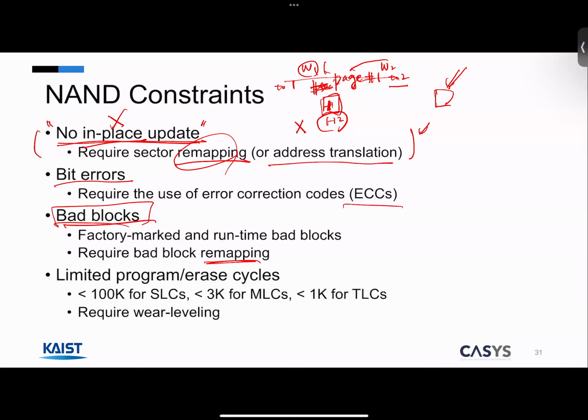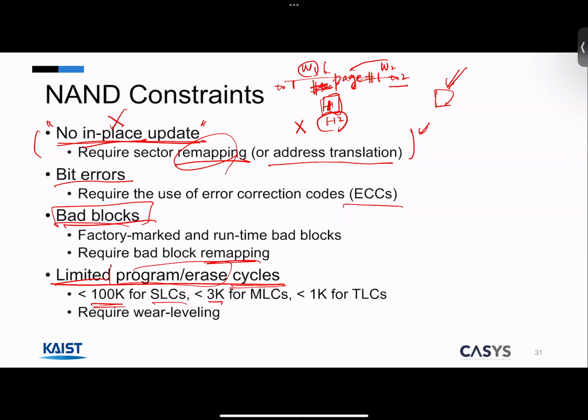Again, unlike hard disk, the SSD has limited programming, I mean writing data or erase. Erase operation is required for deleting data, and the number of allowed cycles is limited. SLC is the most reliable: 100K trials are possible, but beyond that the cell goes bad, causing bit errors when writing data.